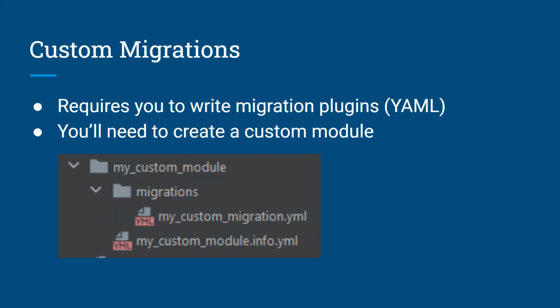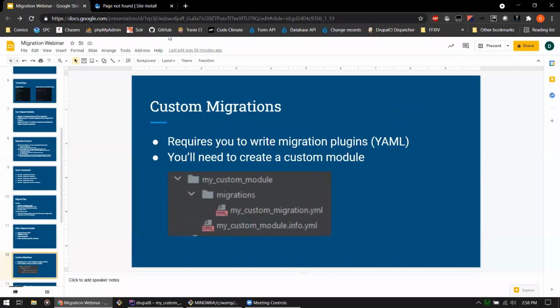And in that, anytime that a row of data is being migrated, it will be supplied to that hook, and then you can inspect its properties, the values that are in that row of data. And at that point, you can either choose to let it on through, modify the data, or you can instruct the migrate module to skip that row.